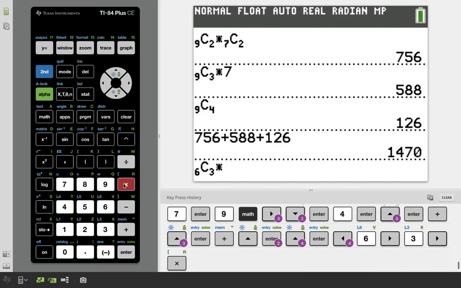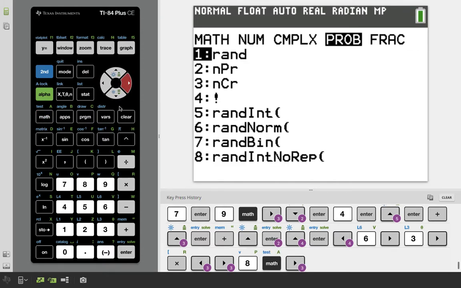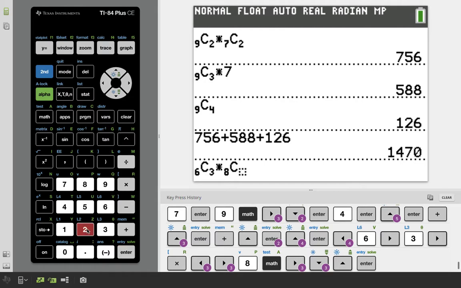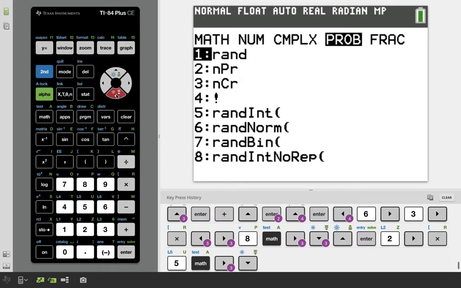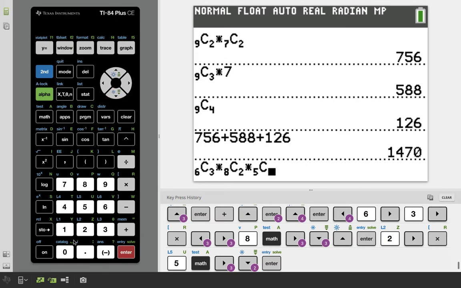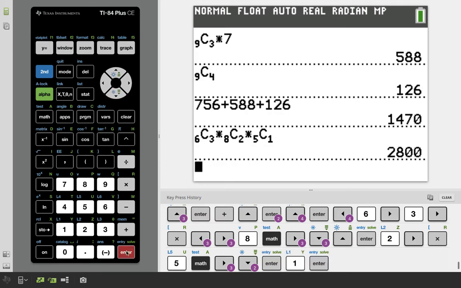I might just type it in the long way. 8 choose 2, times 5 choose 1. And we get 2,800. So that is a large number of choices, isn't it?